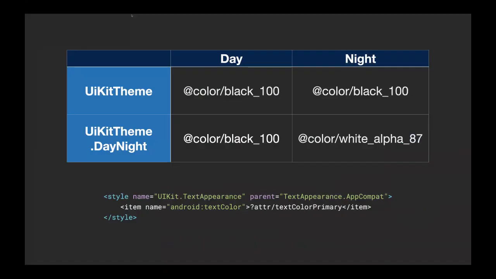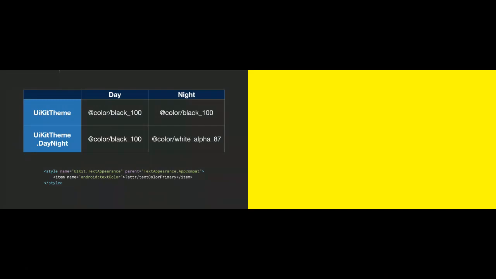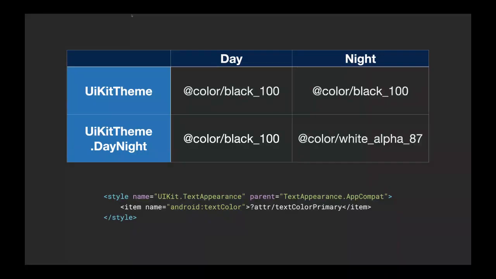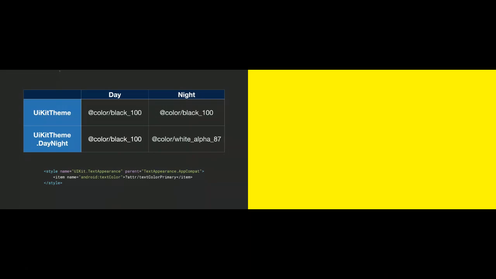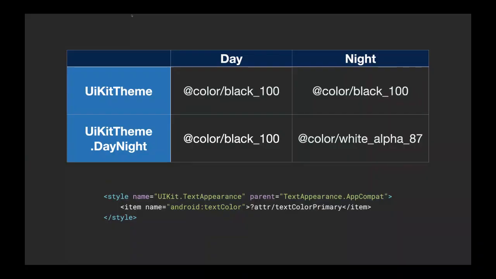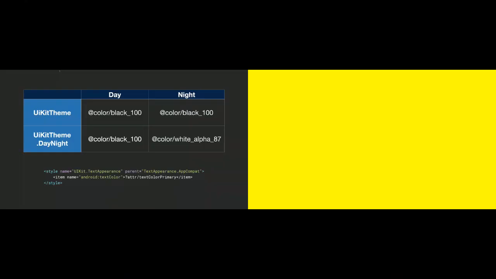So if you look at the usage below, here you're basically saying this text color or this text appearance is going to use a question mark attr/textColorPrimary. And that's an attribute you define in your theme. And then based on the theme, whether it's your theme or your theme.day-night, you can just pick up the right color. So potentially in the future, if you want to move from one to the other, you just switch the name of the theme, and then you will start picking up the right value out of your theme.